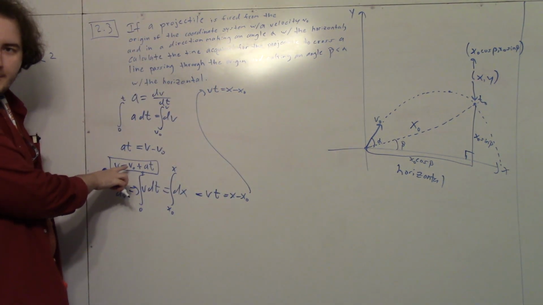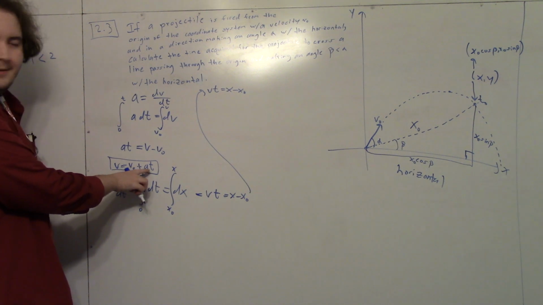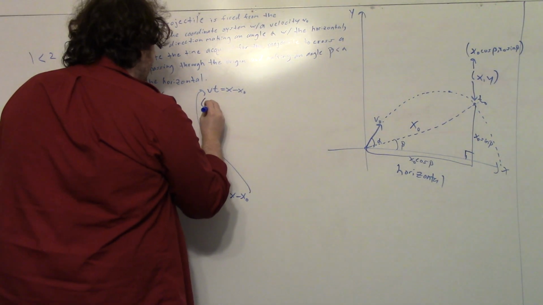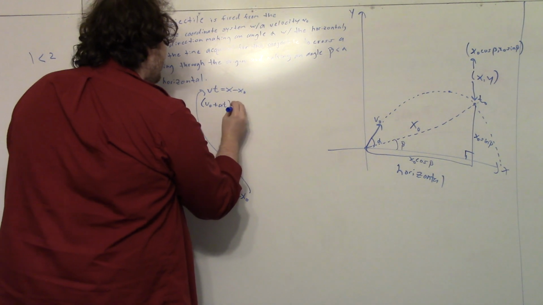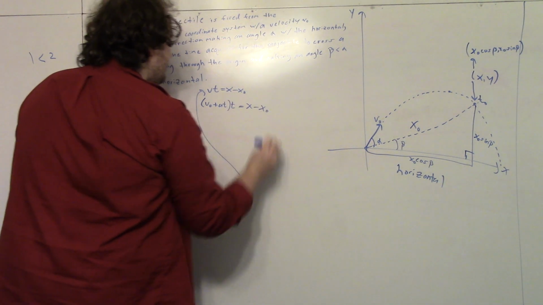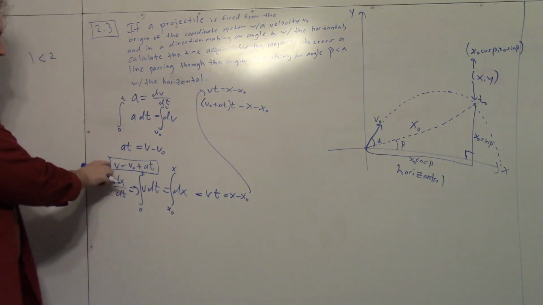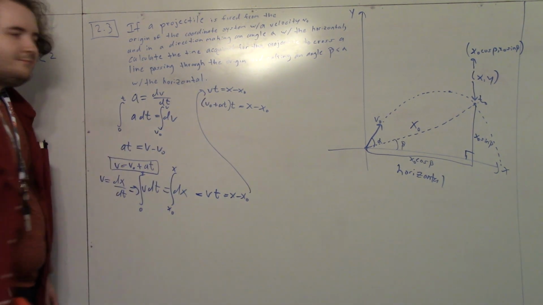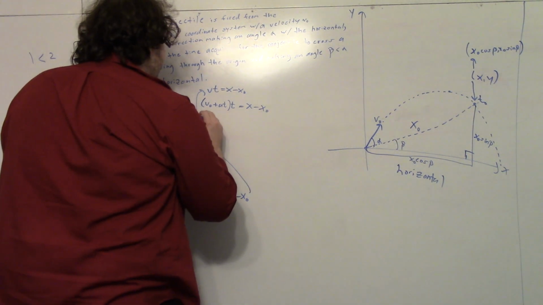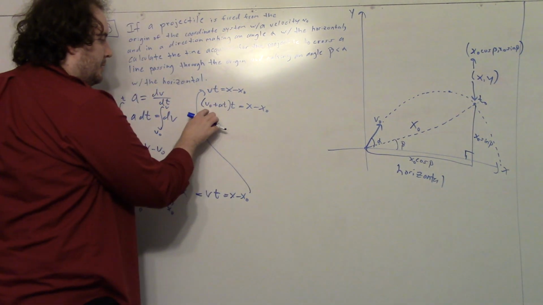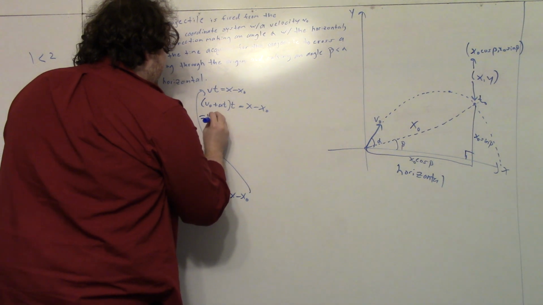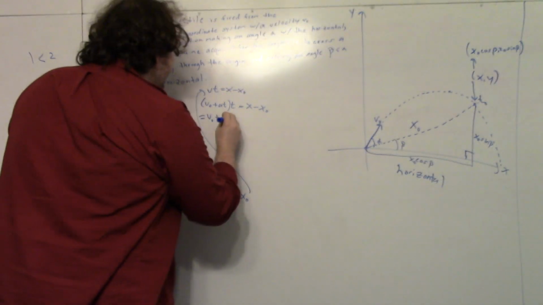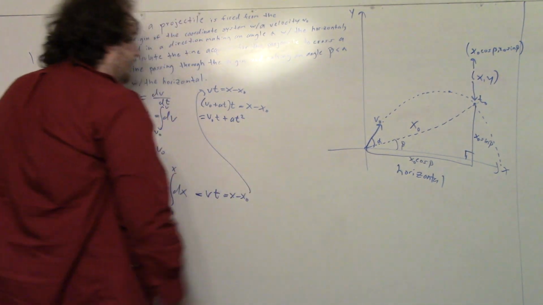We already have v down here, right? V naught plus at. So let's just plug it in there. You agree with me? That's what v equals. I plugged it in. I'm not doing any tricks. T multiplied by v naught, v naught times t, plus a t times t. That's at squared.